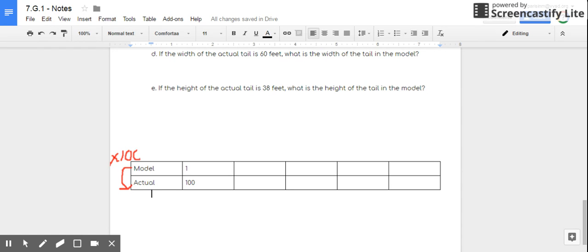But now we need to do the same working backwards, because if we're given the actual, then we need to know how to find the model. So just to save room, I'm going to write on the other side, and we're going to do the opposite. If we're trying to get from 100 to 1, 100 divided by 100 will get us back to 1.